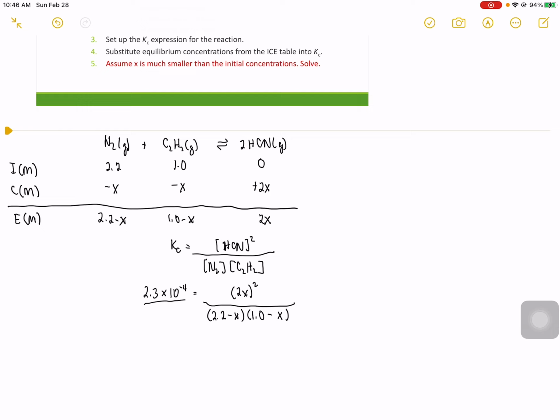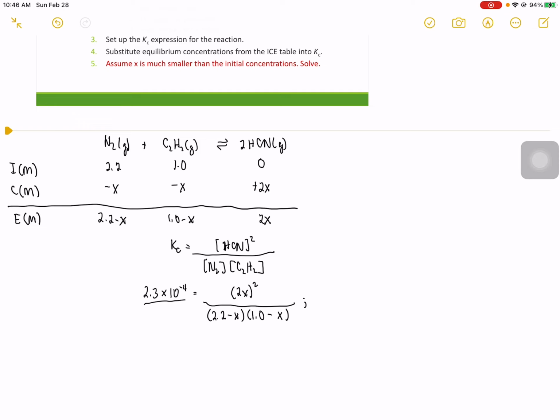We simply have to assume that the x is so very small so that when you subtract the change in the concentration from the initial concentrations, it's just as if the equilibrium concentration is just the same as the initial concentration. So mathematically, we can express it as the following.